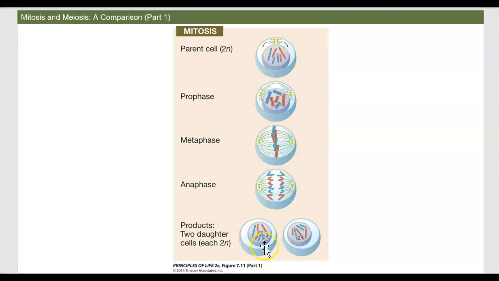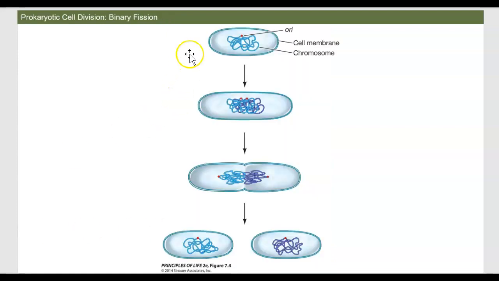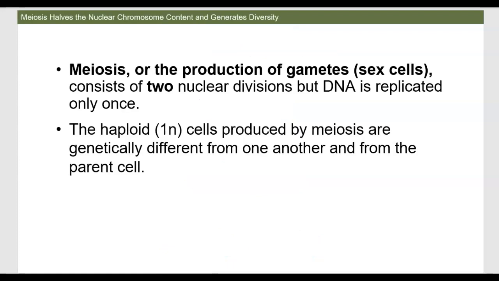Now we're just dividing it so that each of the cells has a full complement or full set of that. If I'm a bacterial cell or a prokaryotic cell, it's so much easier. I have no nucleus, right? So all I'm going to do is make a copy of this big loop of DNA. And after having done that, we'll just separate the copy from the original, and then we're going to divide in two. We're going to do what's called binary fission.